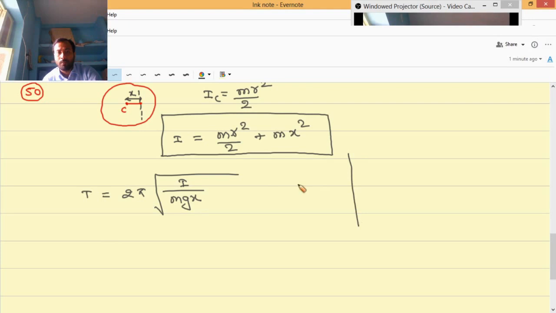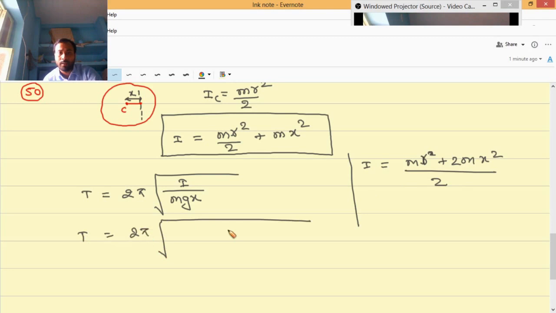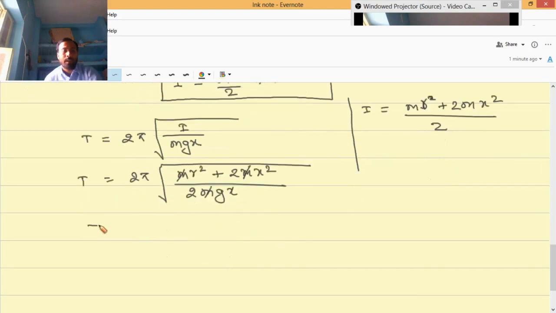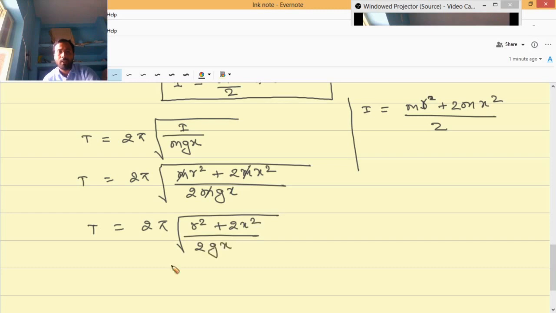We can simplify the moment of inertia a bit more: mr square plus 2m x square, divided by 2. So the time period is 2 pi under root of (mr square plus 2m x square) divided by 2mgx. The m term will be cancelled, so the time period can be written as 2 pi under root of (r square plus 2x square) divided by 2gx.